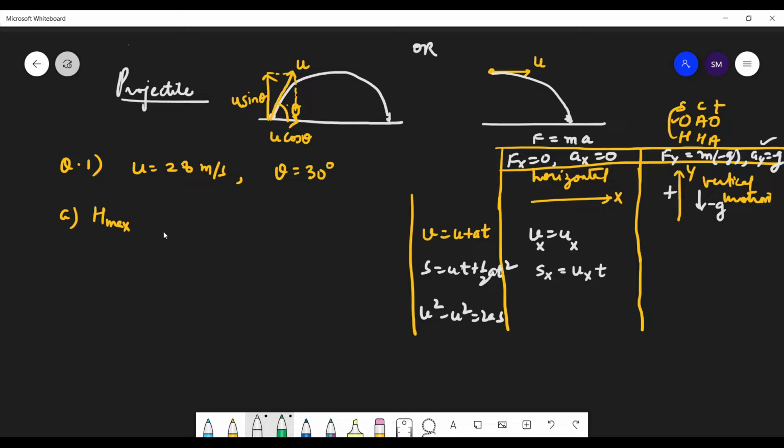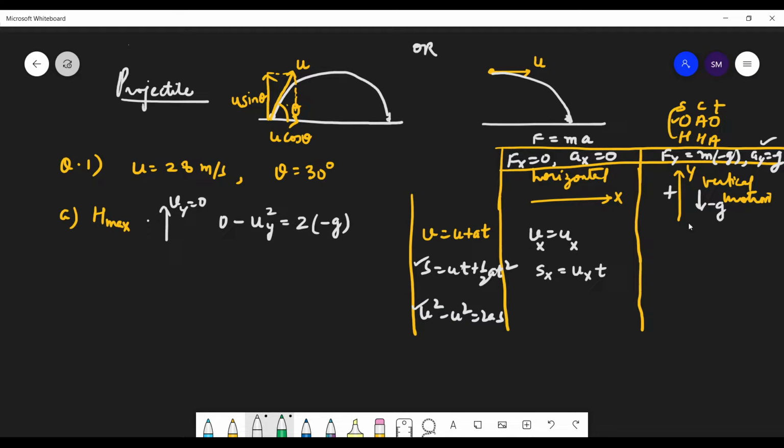So we have special cases like height maximum. I am talking about the vertical motion. So height maximum is s. We have two formulas of s. Obviously vy will be 0 at maximum height, so I am taking the advantage of this. So vy is 0, so 0 minus uy square is equals to 2 into a, and a is minus g.